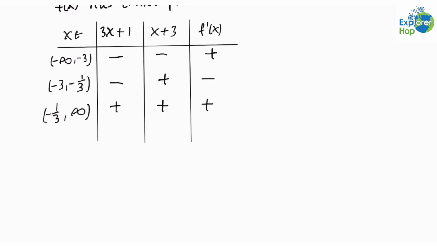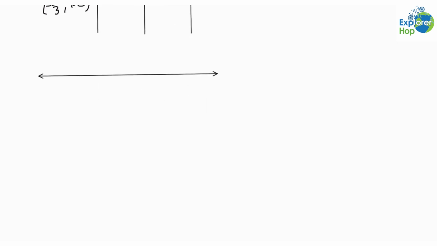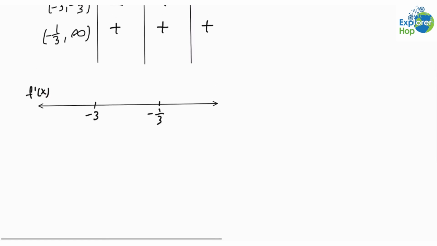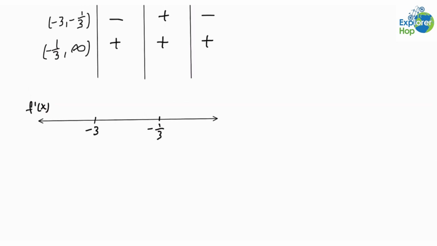And we can also represent this information on a number line. So if we construct a number line, we can label all of the critical points. And from the table above, the derivative of f of x is positive in the interval from negative infinity to negative 3. So the derivative of f of x is positive in this interval.